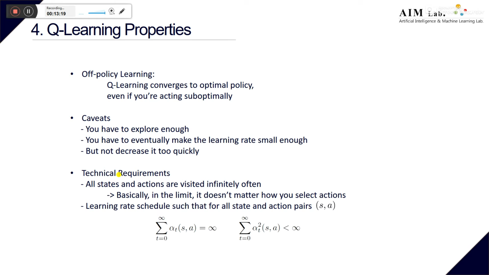There are some caveats, which are conditions that need to hold. First, we have to explore enough. It means we have to set epsilon large at the initial steps.